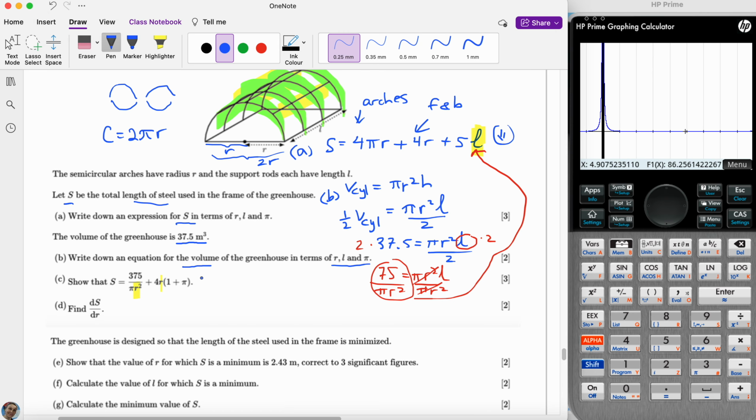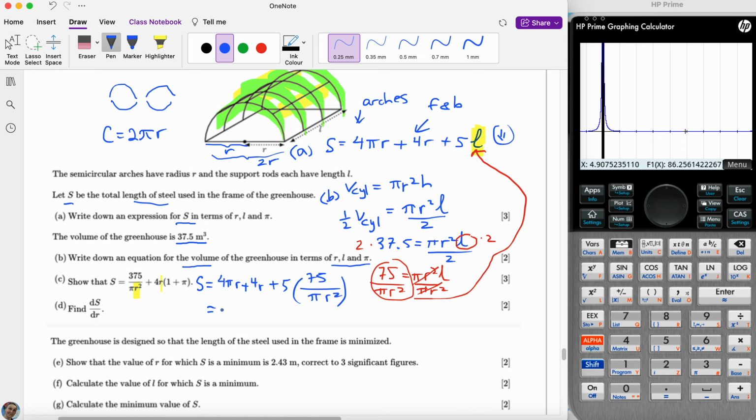Let's do this and keep our eye on the prize. Hopefully we get to this expression. First of all, we have the 4 pi r, and then we have the 4r, and then we have the 5, and then we have 75 over pi r squared.